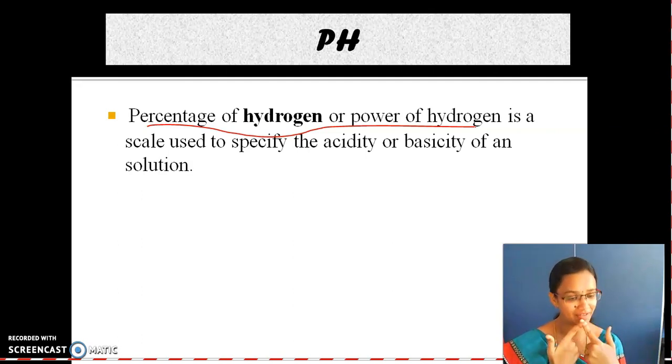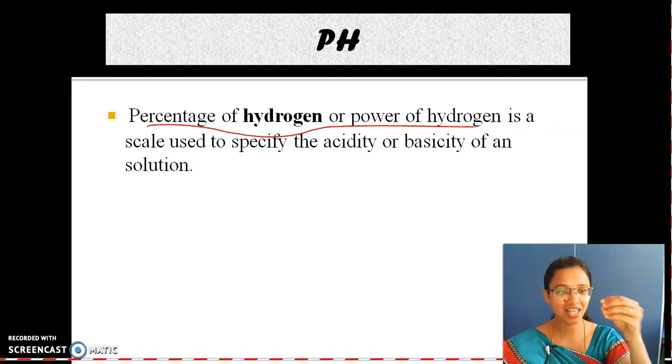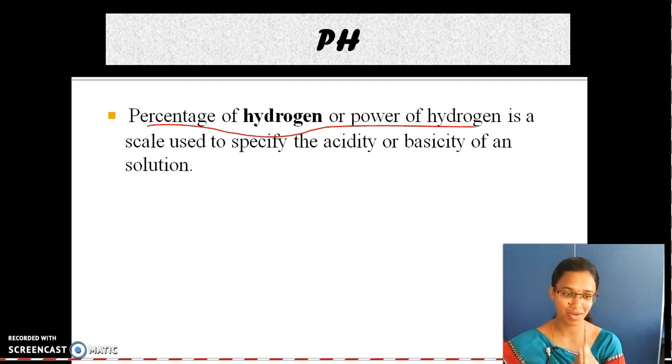Our saliva has some hydrogen, our blood has some hydrogen, and all materials have hydrogen in them. So by determining the value of hydrogen present in it, we can classify that material as acidic or basic.